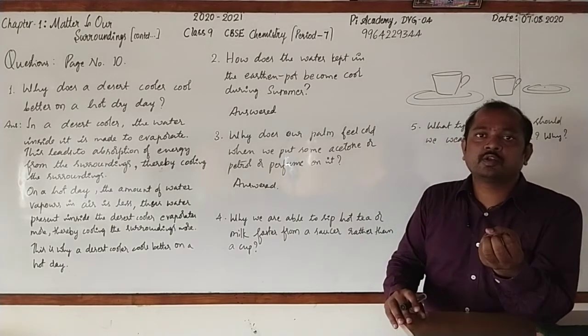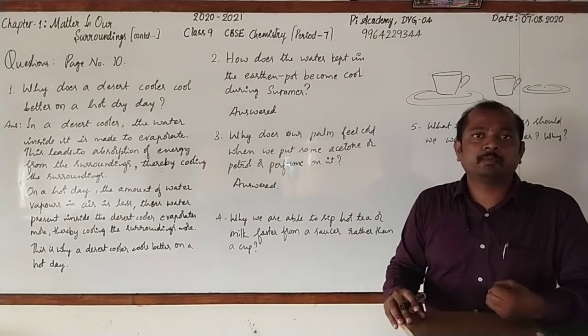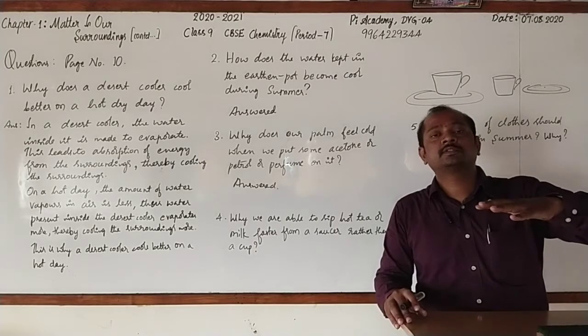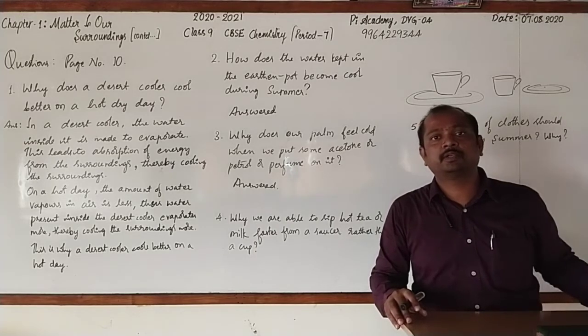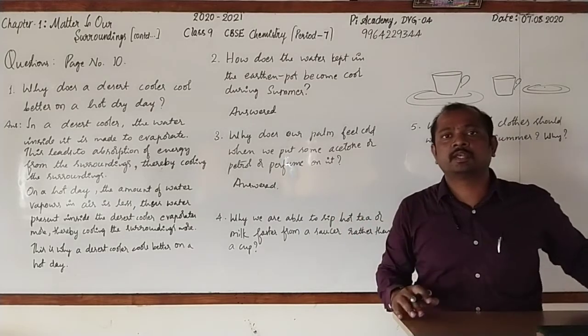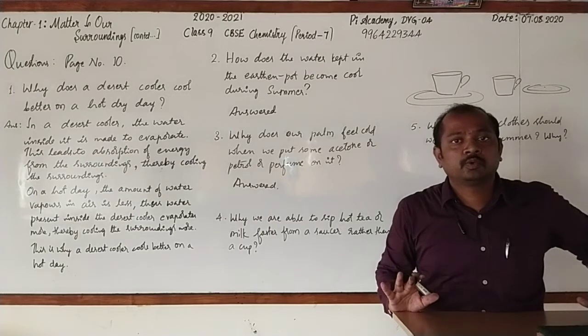Then the cotton cloths absorb the sweat on our body, and as it is exposed to the atmosphere, these water vapors get evaporated to the atmosphere by using the heat energy from the surroundings as well as from our body. Hence, it keeps our body cool.